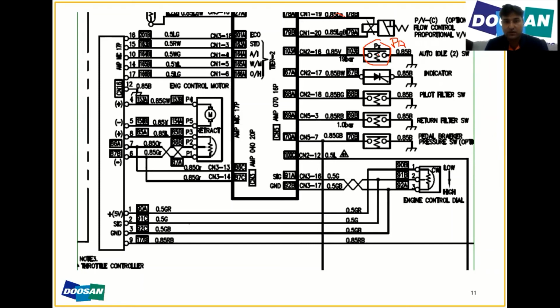So how does the EPOS interface with the throttle controller and the engine control motor? This one is the throttle controller, this one is the engine control motor, and this is the dialer, from where we adjust the engine RPM.